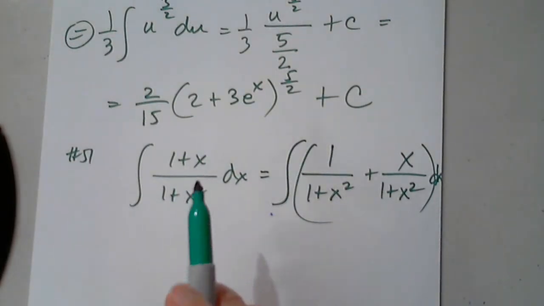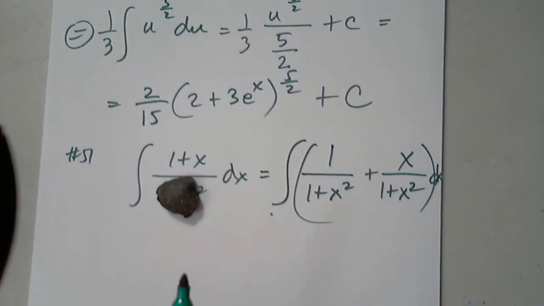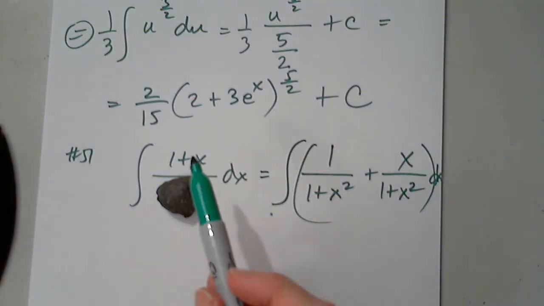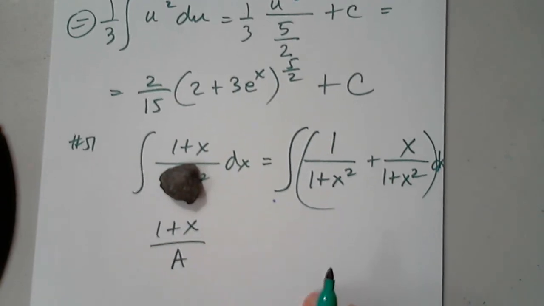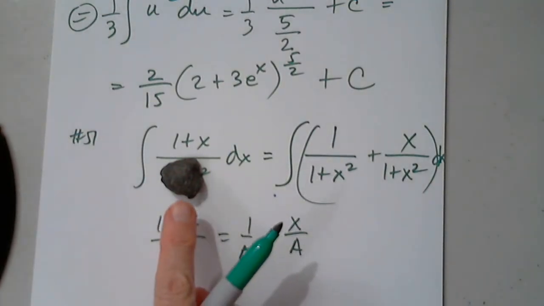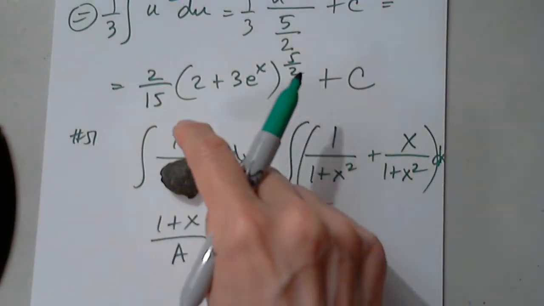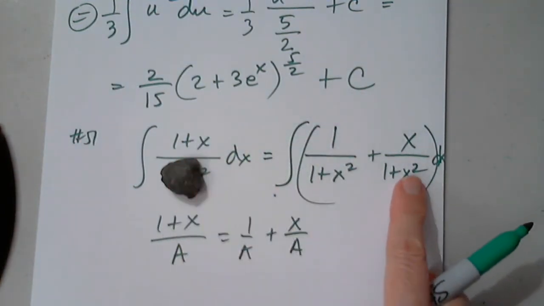So in other words, think of the denominator as one term. And the numerator can be split, so if I have 1 plus x over a, I can write 1 over a plus x over a. And this is what I'm doing for this problem.